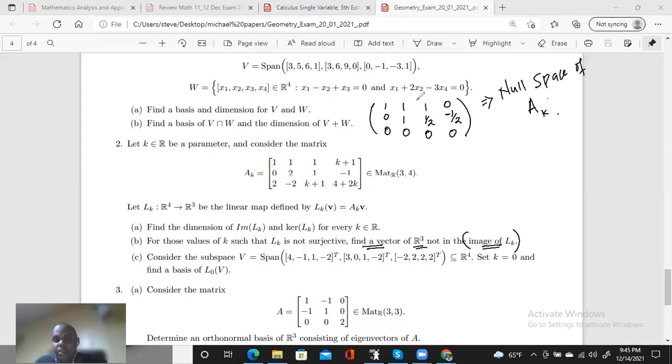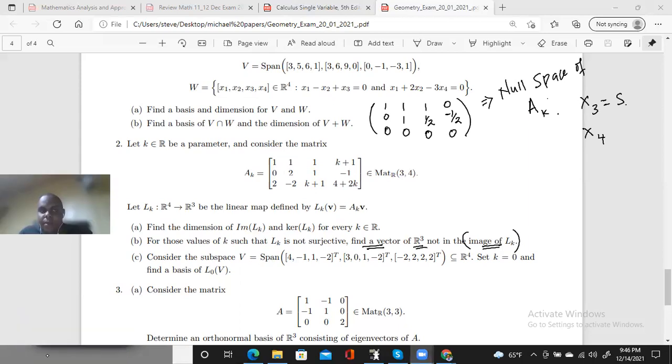So you could let x1 is pivot, x2 is pivot, x3 is free. So let x3 be s, and x4 be t.